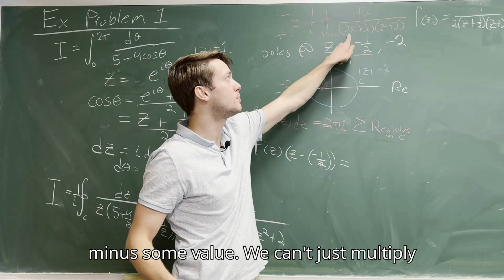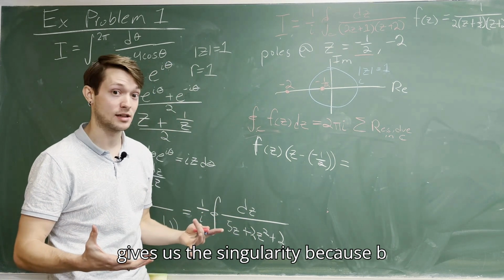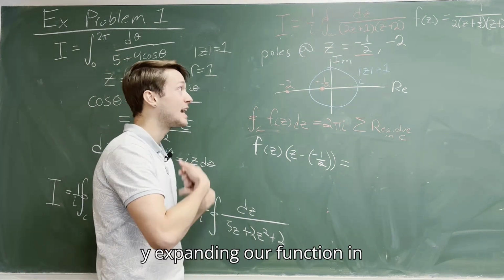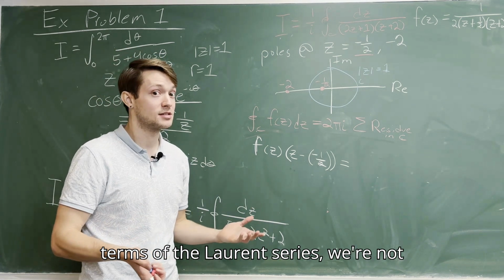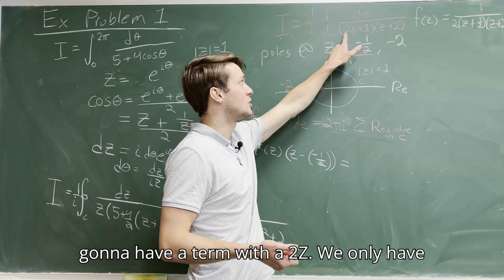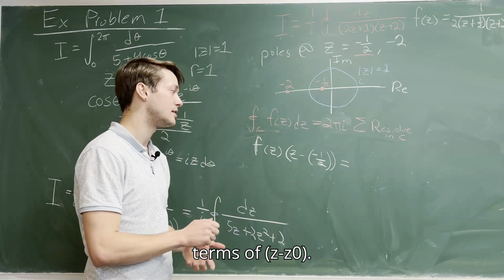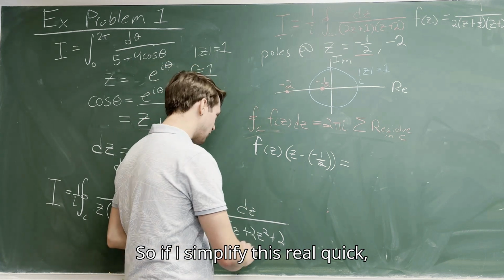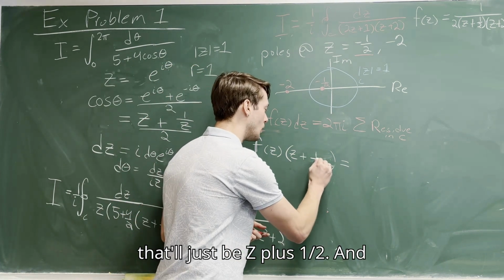We can't just multiply f of z times the whole term that gives us the singularity, because by expanding our function in terms of the Laurent series, we're not going to have a term with a 2z. We only have terms of z minus z naught. So if I simplify this real quick, that'll just be z plus 1/2.